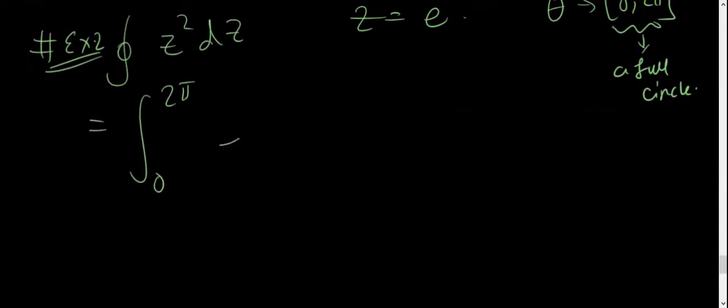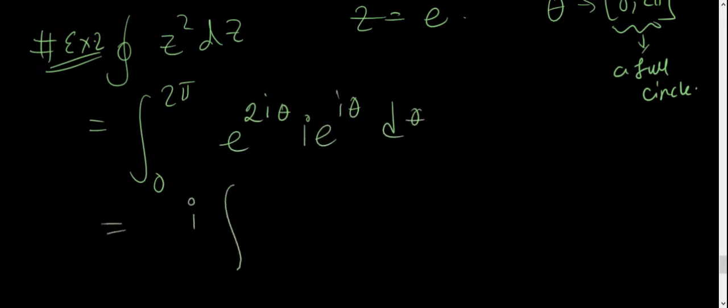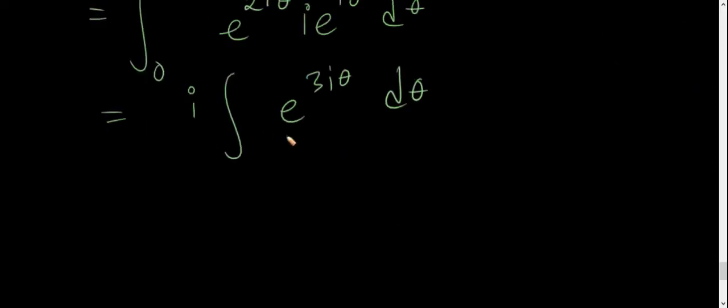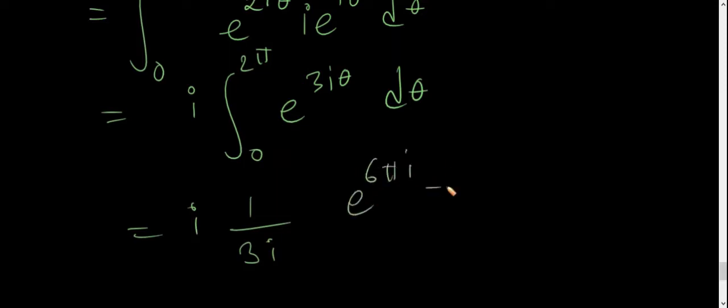So this is just e to the power 2i theta. There will be an i over here, and e to the power i theta d theta, and you have e to the power 3i theta d theta from 0 to 2 pi, and it's i. And if you integrate this thing considering i as a constant, which it is, there is 1 upon 3i and e to the power 6 pi i minus 1.